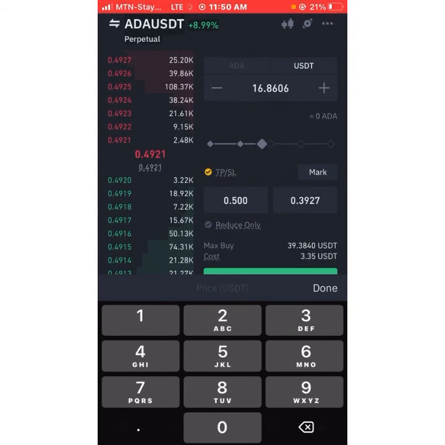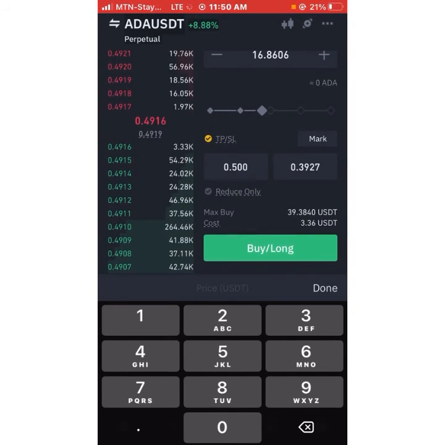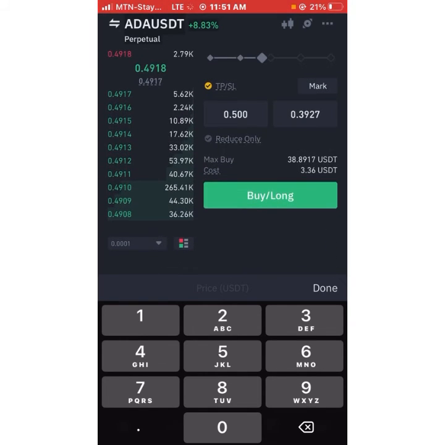But it should take profit for me once the price has increased to 0.5. I'm projecting that the price is going to go up. Then once I'm done setting it, I click my buy. The buy that you saw, buy/long.